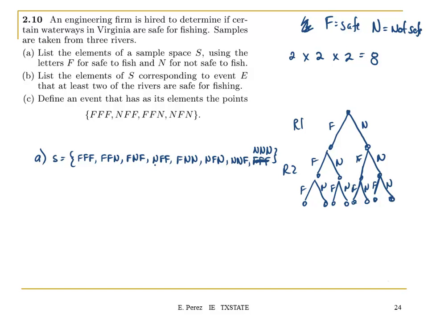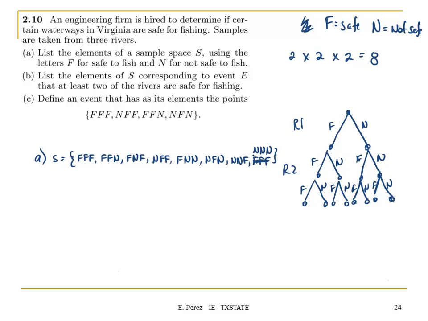So 1, 2, 3, 4, 5, 6, 7, 8 outcomes. Once you're able to draw your tree, the only thing you need to do is go through each branch and list your outcomes. So 8 outcomes.